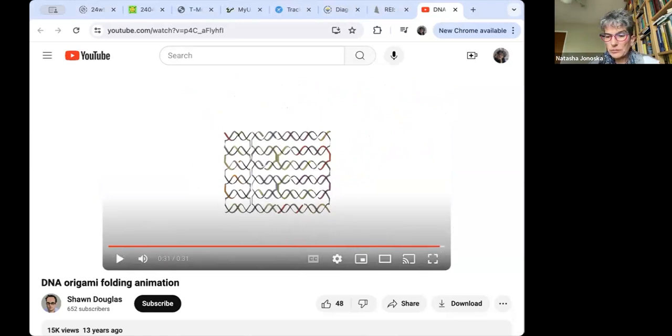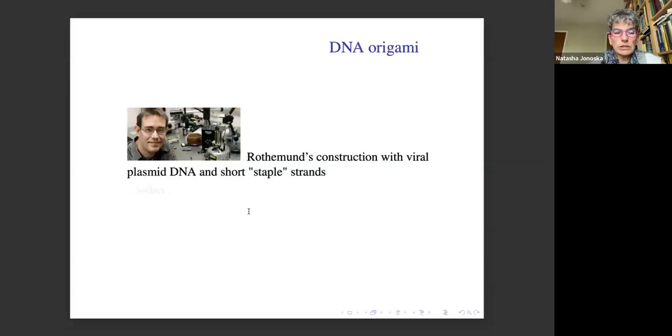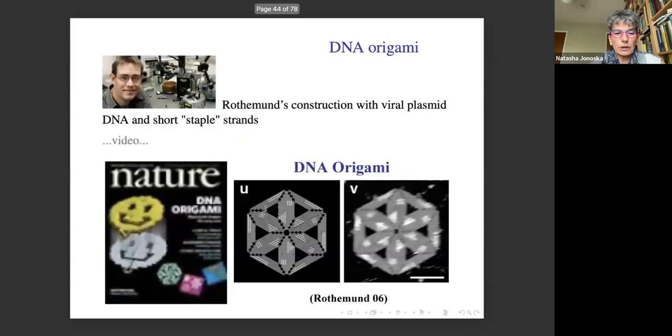Okay, let me go back to my slides. So this origami structure was introduced by Paul Rothemund.